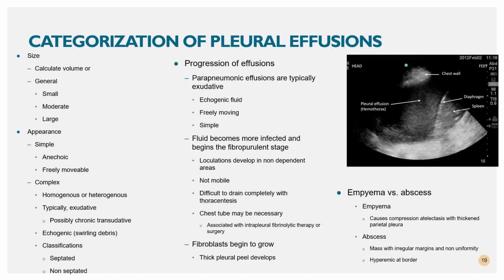It's going to have irregular margins, appear non-uniform, and can be hyperemic, having extra blood flow at the periphery, but you're going to be able to differentiate that from a mass in that the blood flow will basically end at the periphery of the abscess, because obviously vascularity is not necessary within the abscess. If you have vascularity within a mass, then you're going to have to be more suspicious that mass tissue is requiring blood flow, indicating that maybe it's more of a tumor in origin.